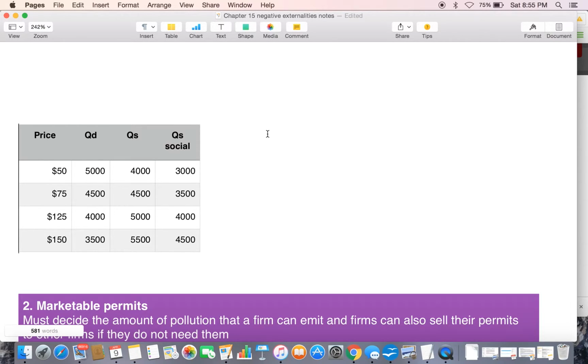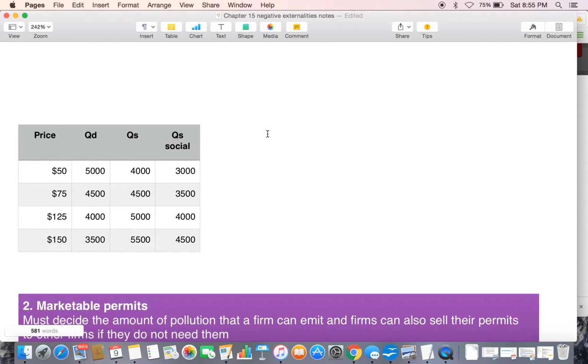So our quantity supplied falls from 4,000 to 3,000 at a price of 50. At a price of $75, our quantity supplied would fall from 4,500 to 3,500. At a price of $125, our quantity supplied would fall from 4,500 to 4,000, and at a price of $150, our quantity supplied would fall from 5,500 to 4,500.